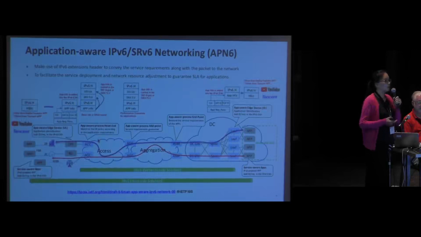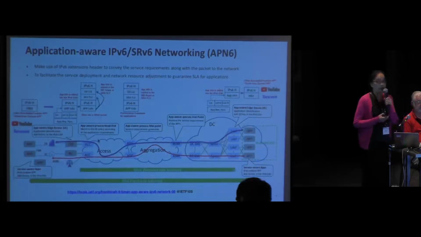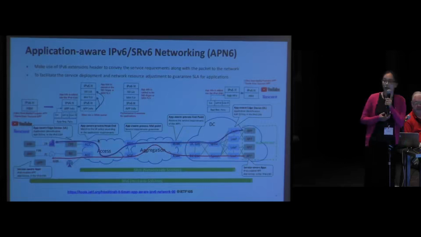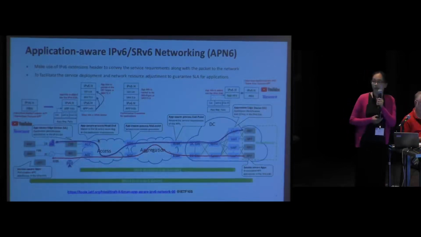So the network could make fine-grained traffic operations, for example, network resource adjustment to guarantee the SLA. So it could be applied to, for example, the fixed mobile broadband, like the 2B, 2C scenarios, and also the mobile broadband.